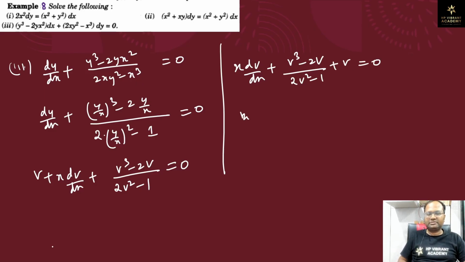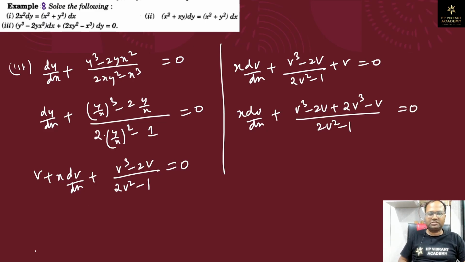So we have x dv upon dx plus (v cube minus 2v plus 2v cube minus v) upon (2v square minus 1) is equal to 0. Let us further simplify this.